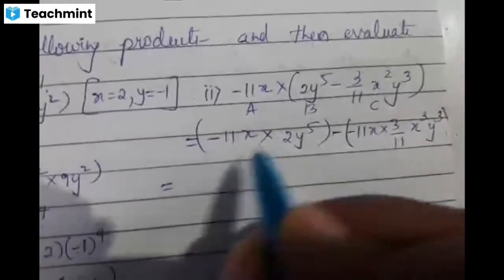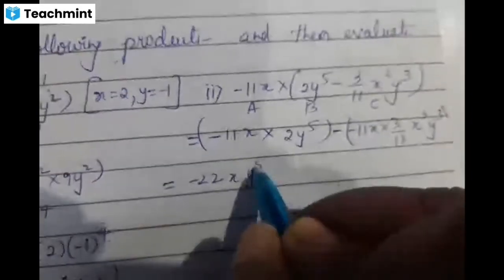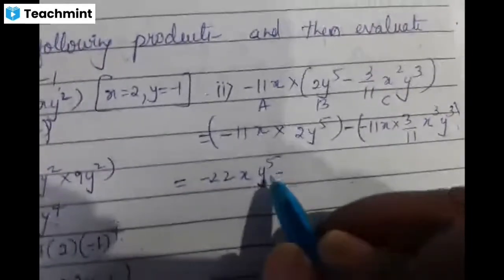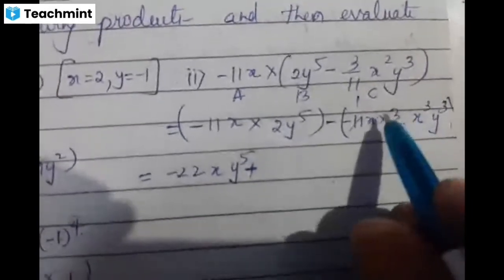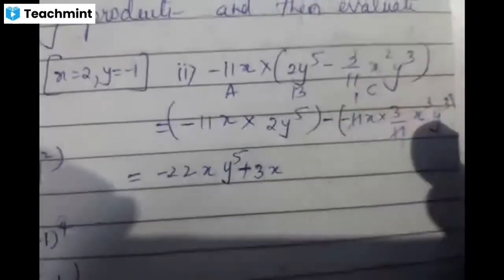children, multiply minus 11 into 2, minus 22, x to the power of 1 as it is, y to the power of 5, minus into minus is plus, children. Minus into minus is plus, but here, observe, you can cancel 11 and 11. So you are left with 3 into x to the power of, here you have x square, children.